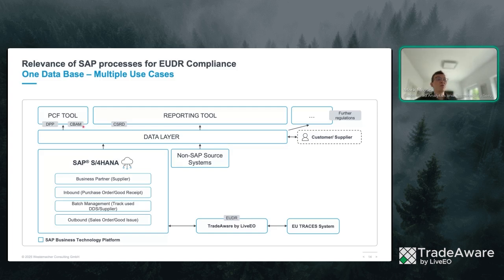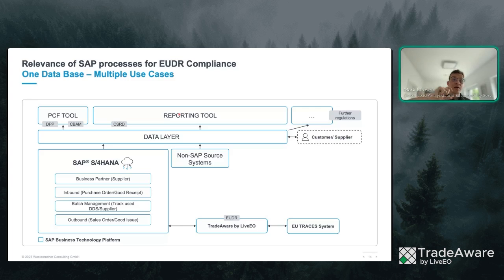And in that case, it could be, for example, that you have a product carbon footprint tool that takes data from this data foundation, for CBAM purposes or for the digital product passport. Or you need to comply also with CSRD.